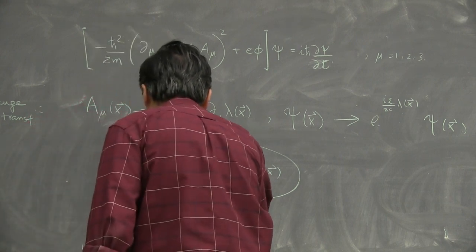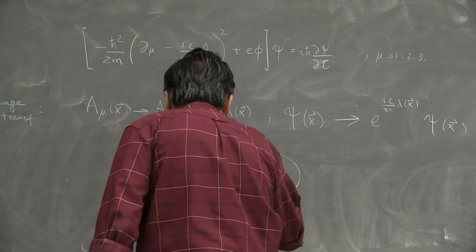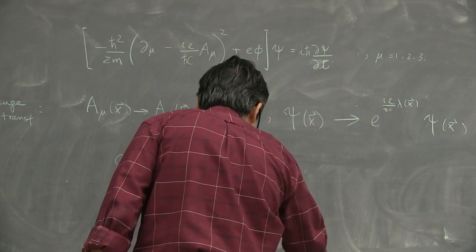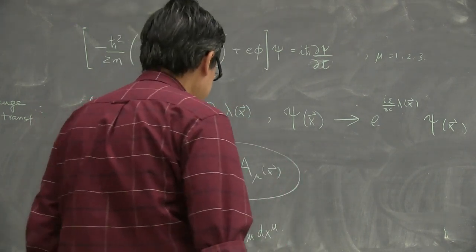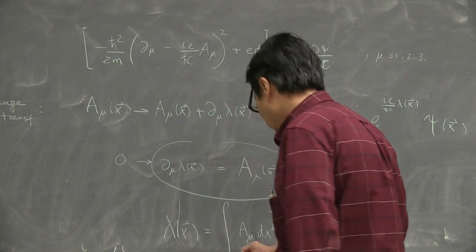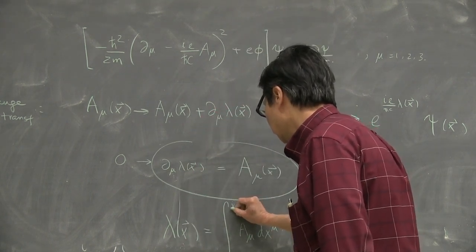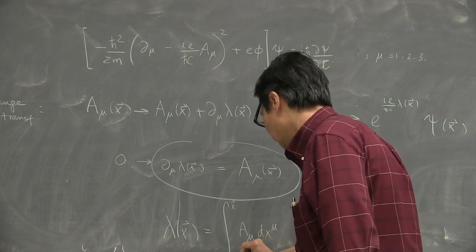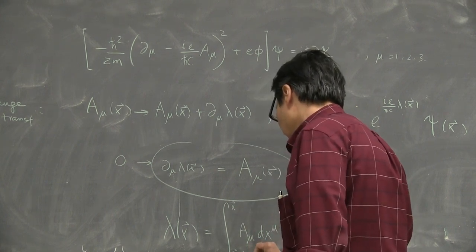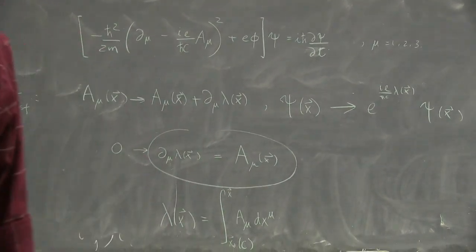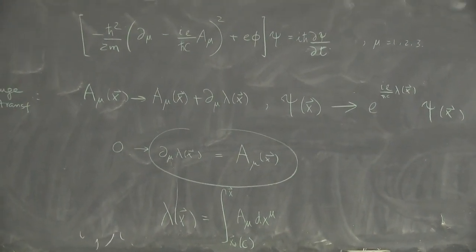So lambda must be equal to the integral of A mu dx mu, which is a line integral. It may depend on the line. So this is integrating from some fixed point, doesn't matter which one, over a certain line. Lambda depends on the path as it turns out in general.